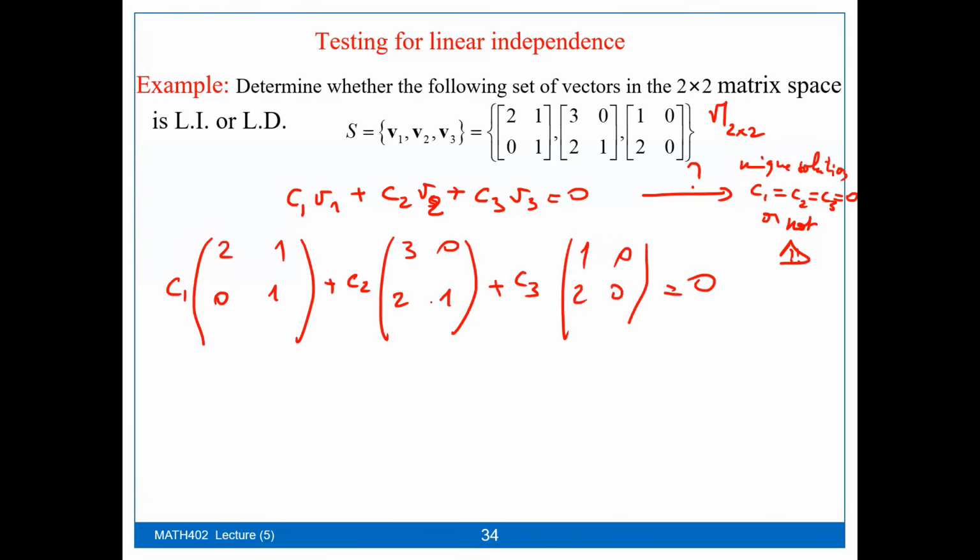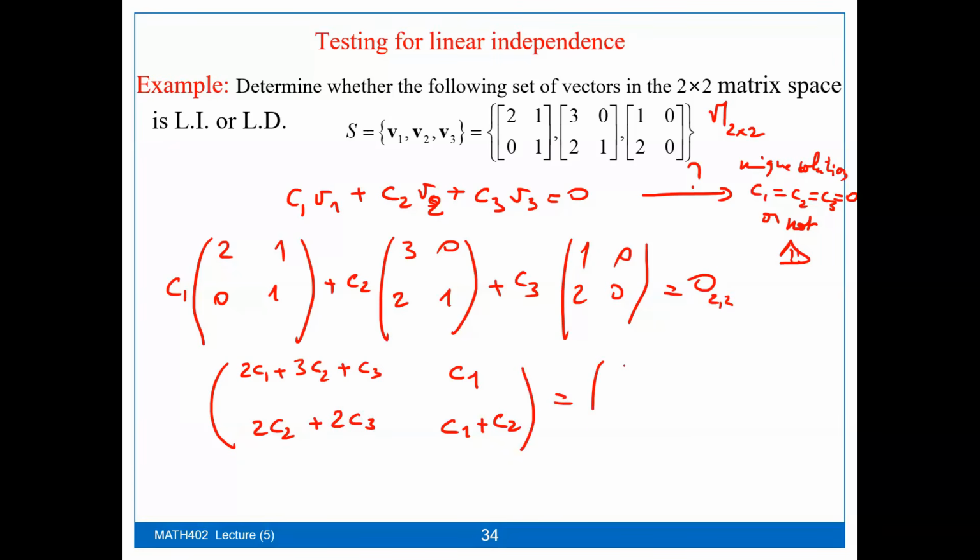So we multiply each matrix by its scalar and add. Here we obtain 2C1 plus 3C2 plus C3, here 2C2 plus 2C3, here C1, and here C1 plus C2, equals the 0 matrix, which is 0, 0, 0, 0. So I repeat, this is the 0 of the vector space, the 0 of M2 by 2. It's not the scalar 0. So matrix equals 0, and we obtain a system of 4 equations.